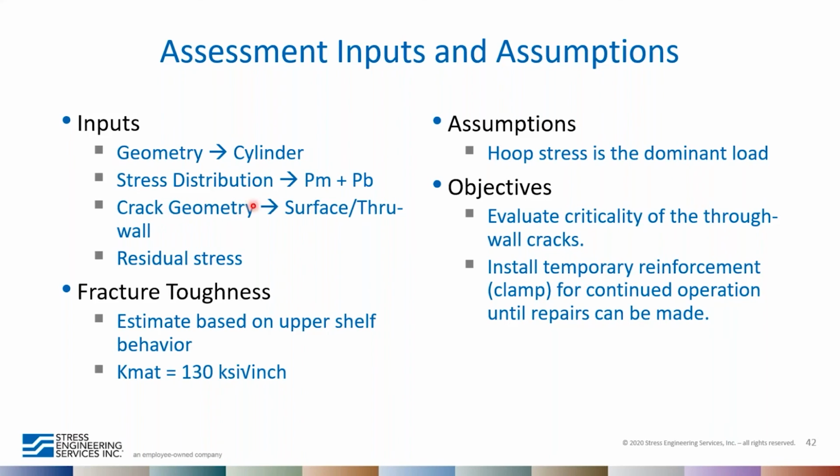And then the crack geometry is a through wall crack. So we estimated the fracture toughness based on upper shelf behavior, and in general, our overall objective was to evaluate the criticality of these through wall cracks so that the client can determine whether they needed to address it instantly or whether they could apply a clamp and continue operation before making permanent repairs.